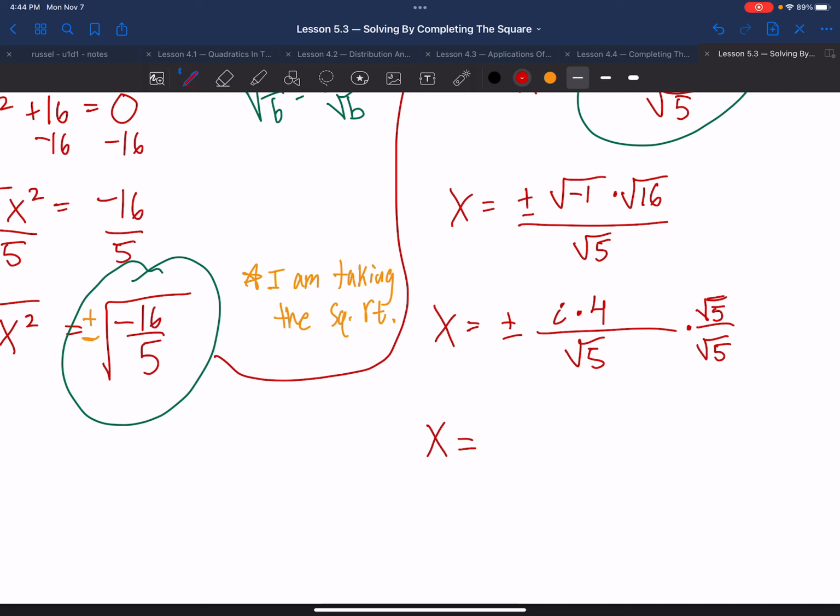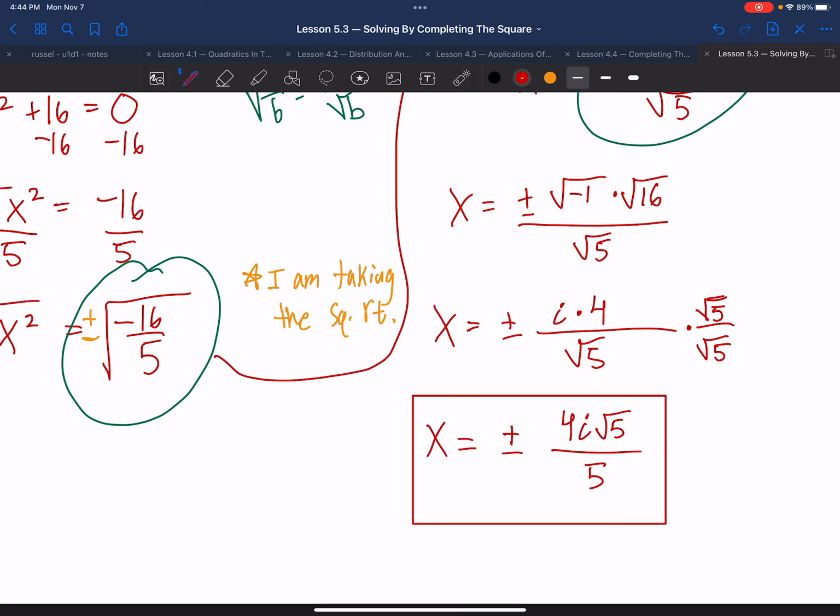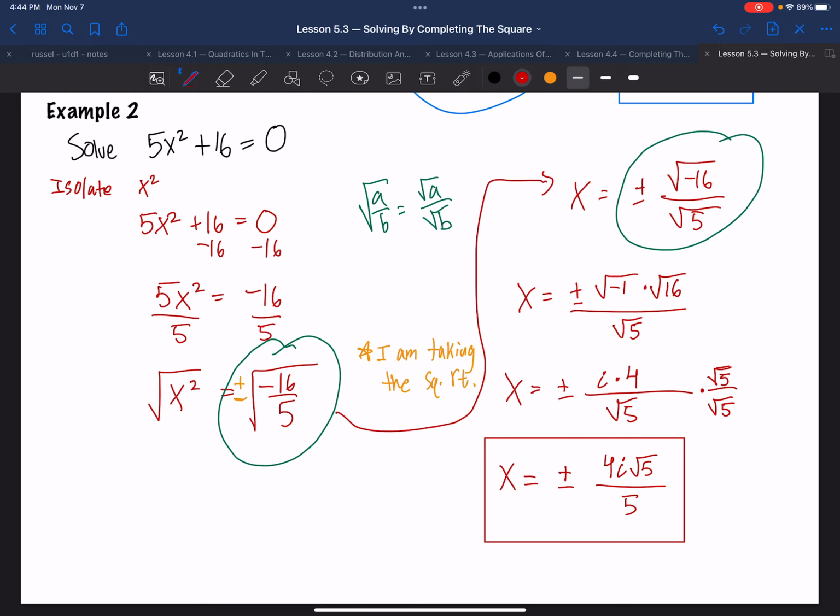Therefore, x equals plus or minus, and I'm going to put all this together: 4i times root 5, all divided by root 5 times root 5, which is 5. And now I box that, and we're done. Hooray. This is our answer.